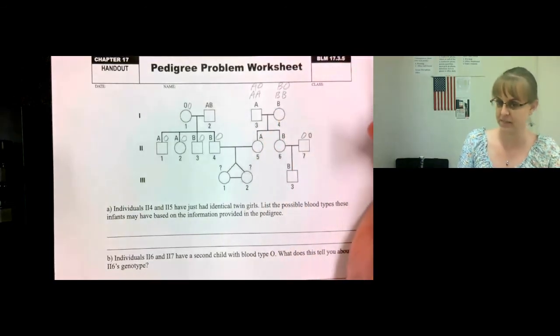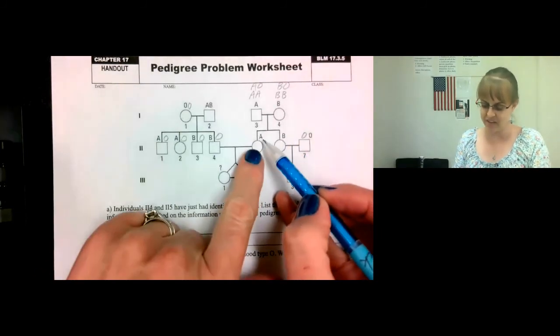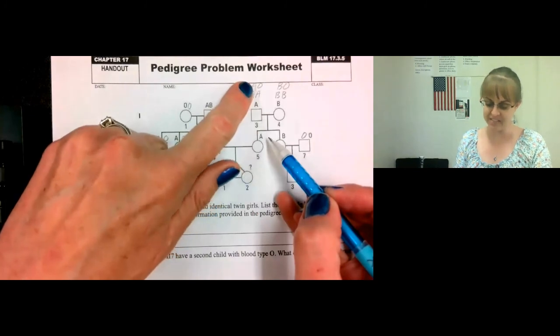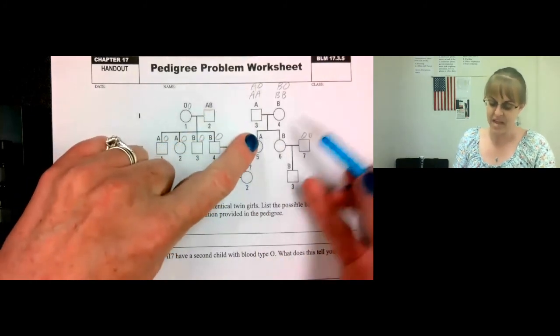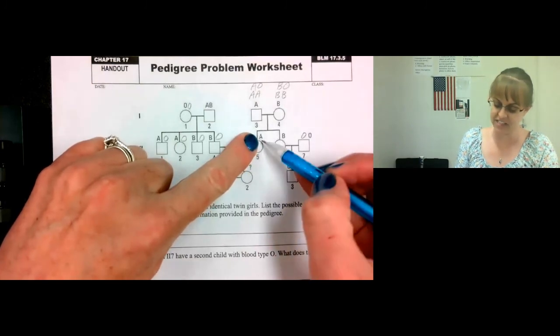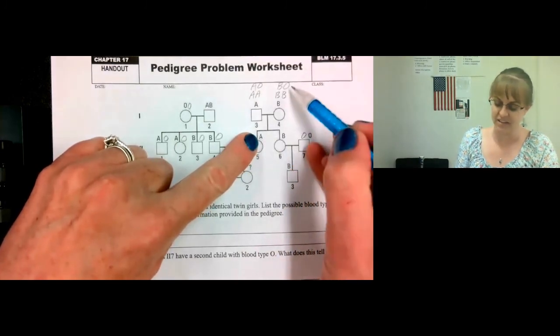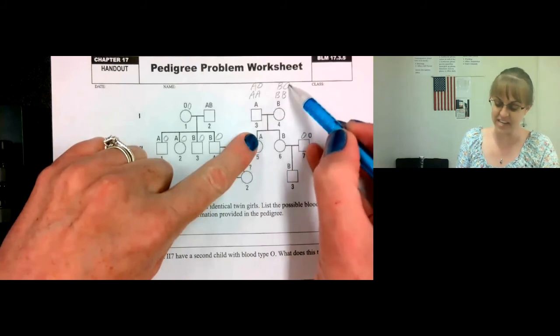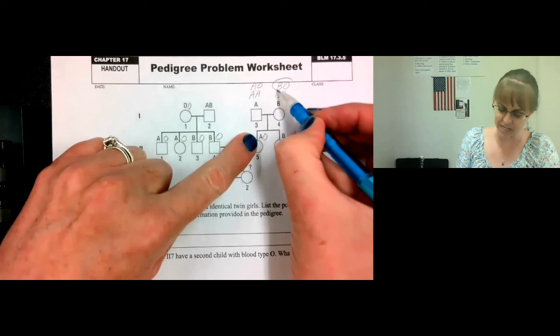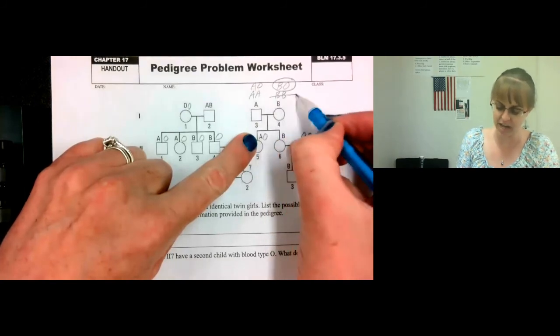We don't know which one yet. If they have this kid with type A, the mom had to give the A. If this is the dad, and this kid is type A, the dad could not give a B. The dad would have to give the O. Dad has to be BO, not BB.